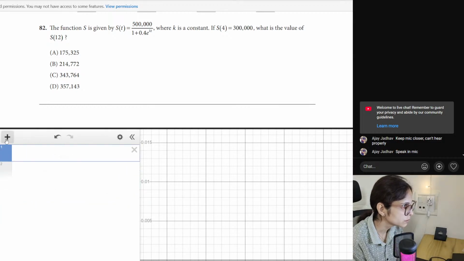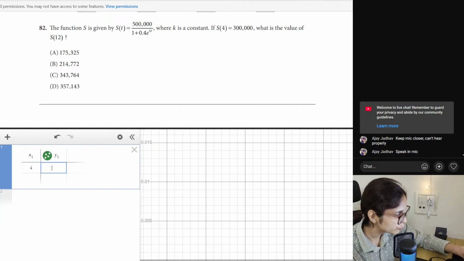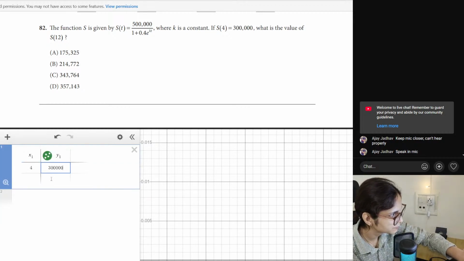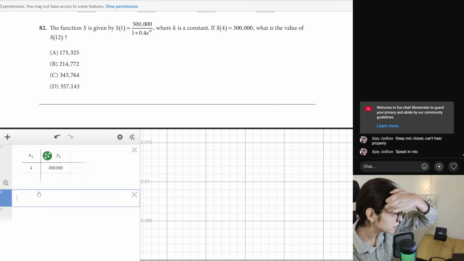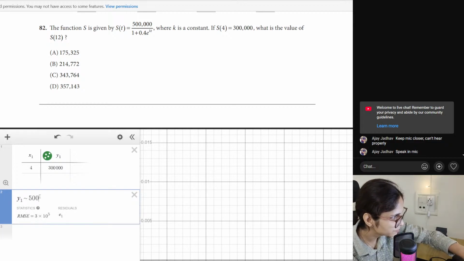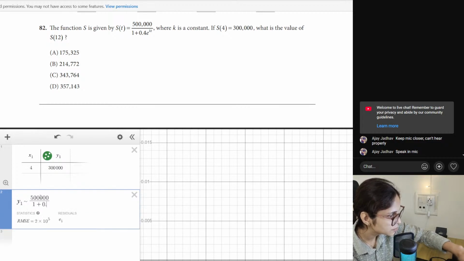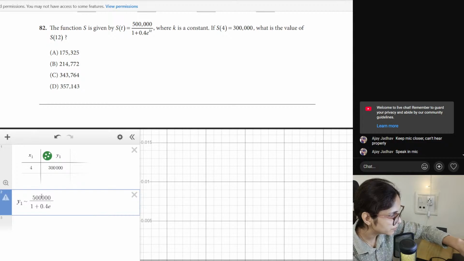So now there's one point given to you. We'll make the table. We know that s of 4 is 300,000. And the function is y1 instead of s, and that is 500,000 divided by 1 plus 0.4 e to the power kt.